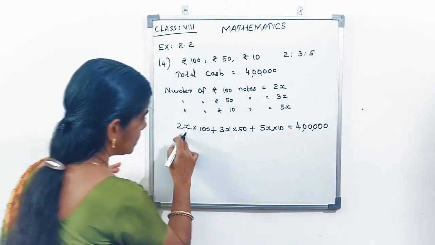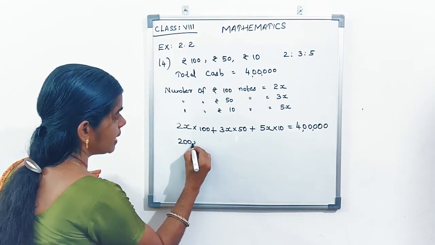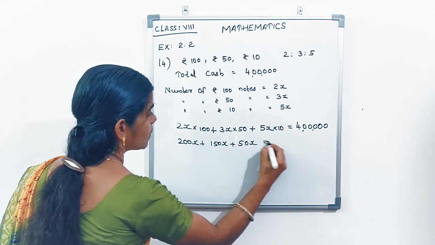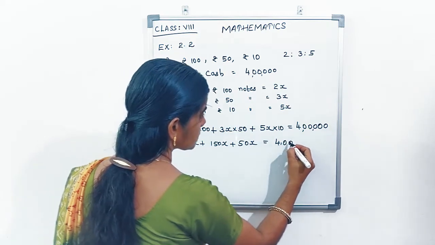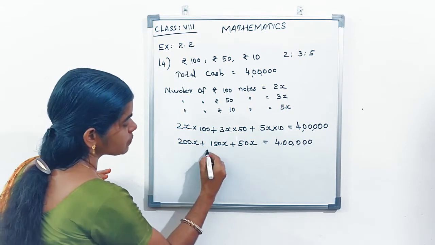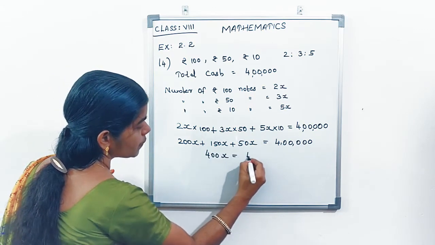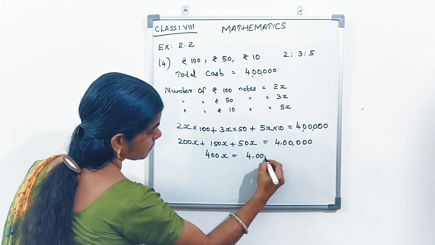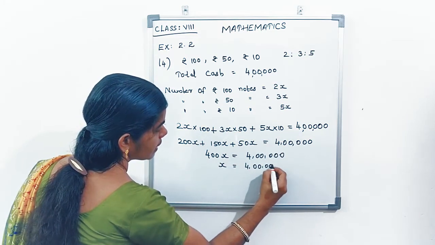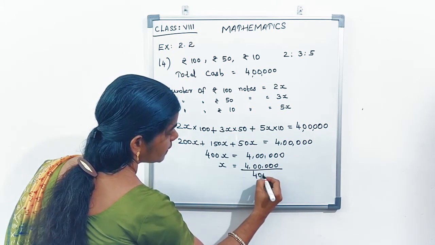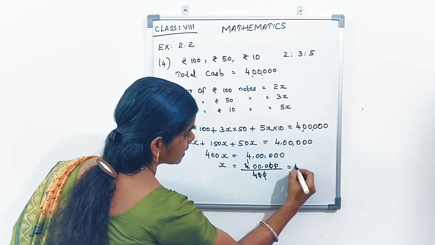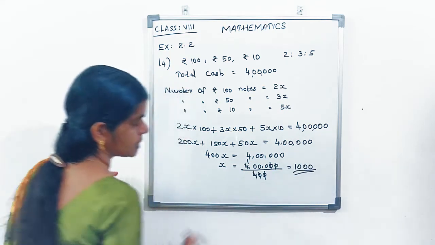Then 2x into 100 means 200x, plus 150x, plus 50x, equals 4 lakh. Then 200 plus 200 means 400x equals 4 lakh. Therefore x equals 4 lakh divided by 400. Cutting two zeros, 4 goes into 4 once, so x is 1000.